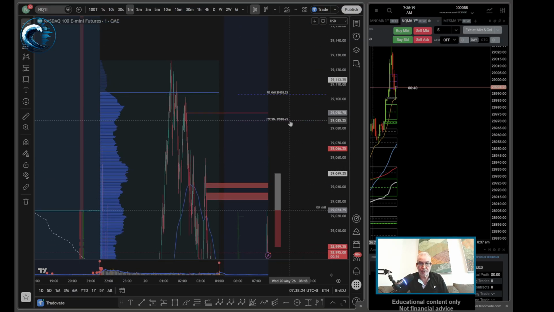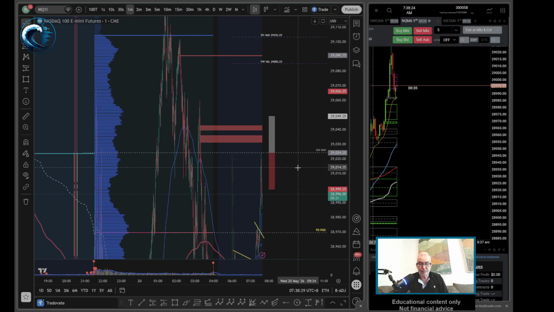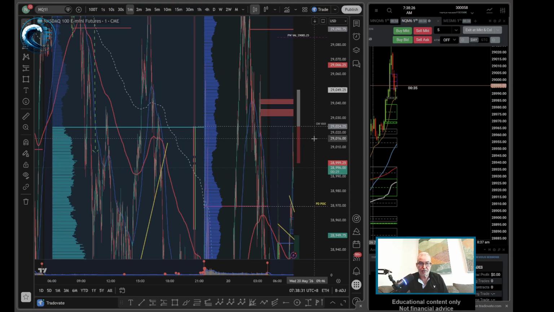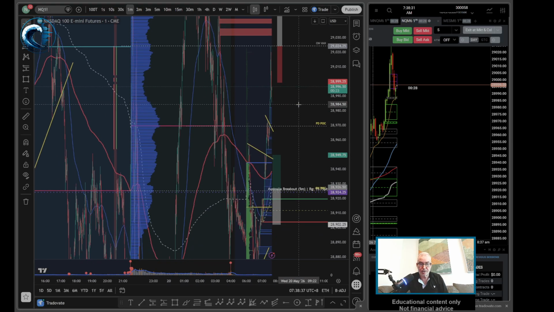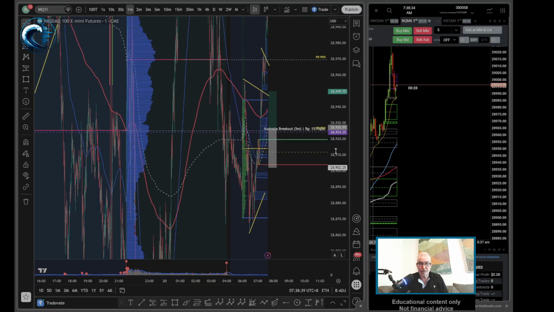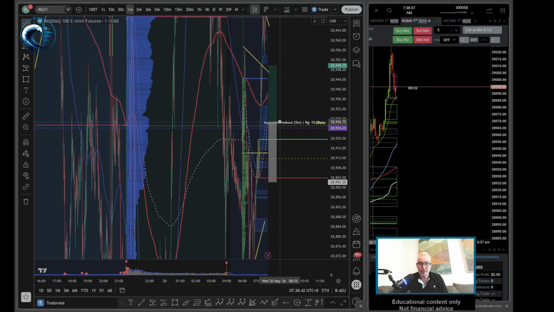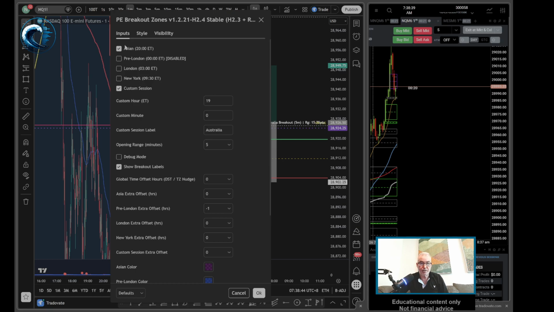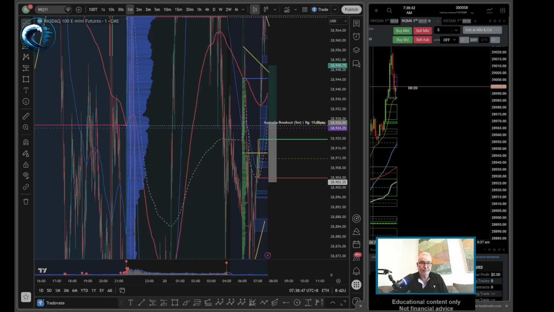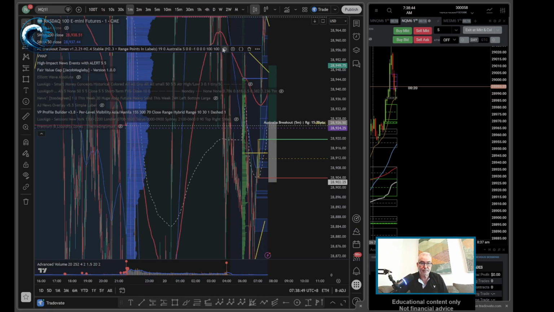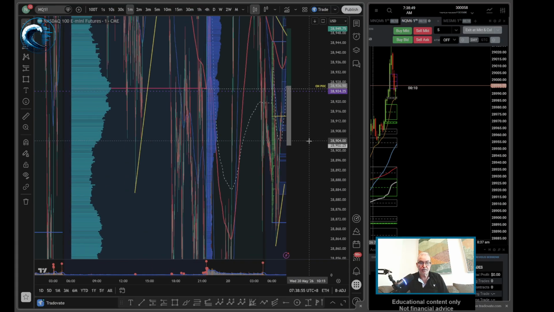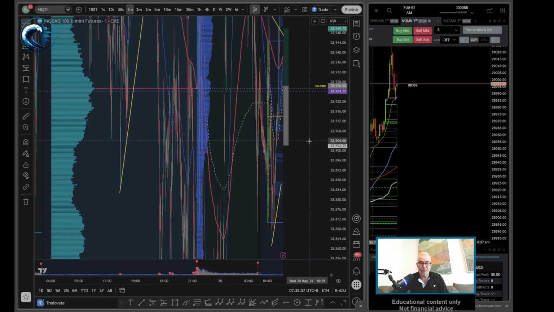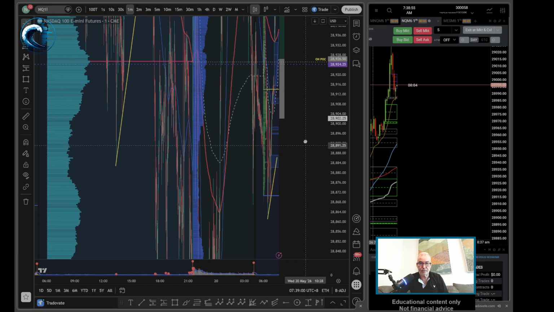Previous day value high. I know the previous weeks are right. That's right. Overnight value high. Previous day POC. Overnight POC is correct now.